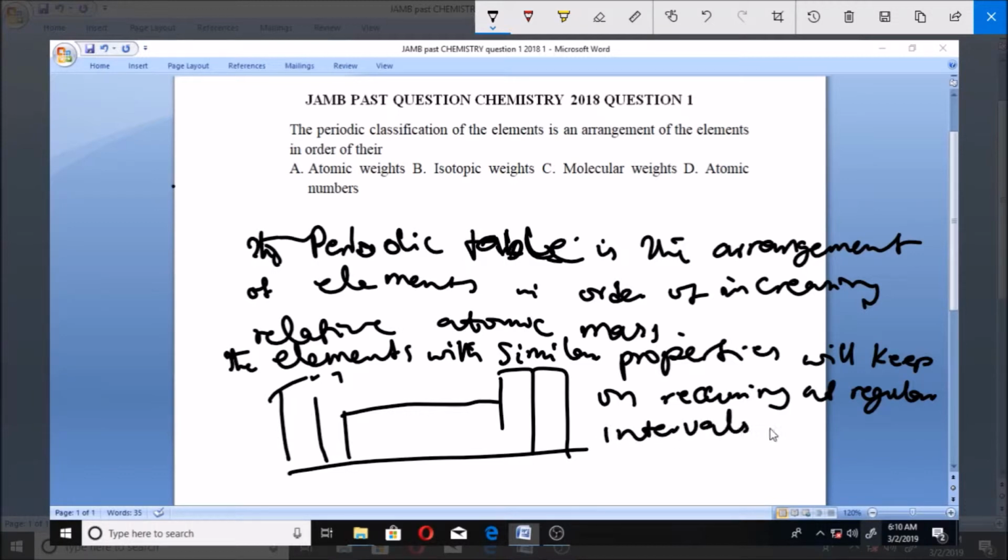And these regular intervals are called periods. So that is what happens in the periodic table. So we have the periods and the groups.